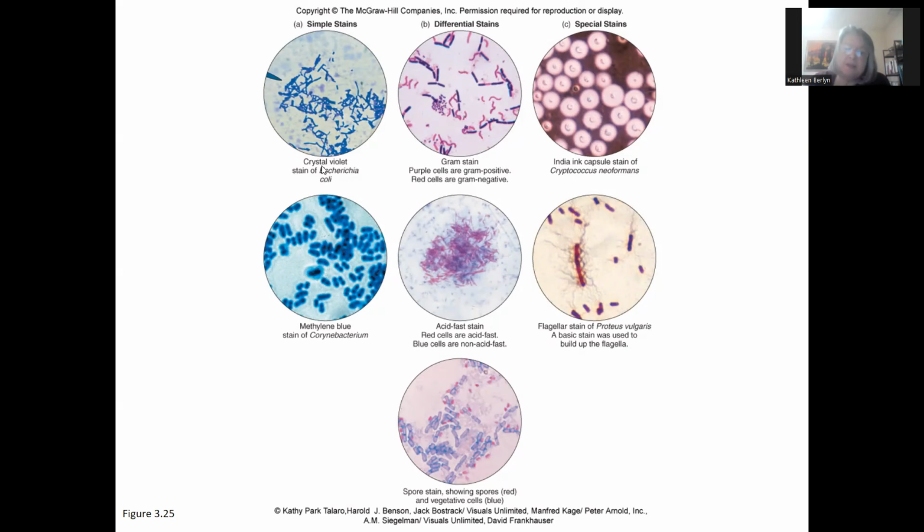This is another simple stain, acid-fast stain, a flagellar stain, and then a spore stain. So be aware, again, we can use different dyes in a simple stain. A differential stain means you're using two dyes, two colors, two stains, and then we have the specialty stains as well.